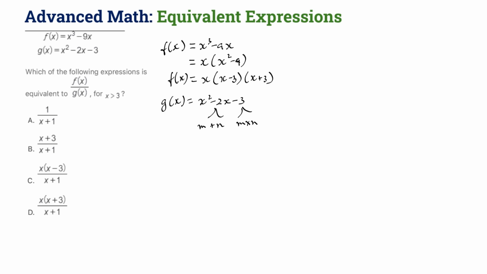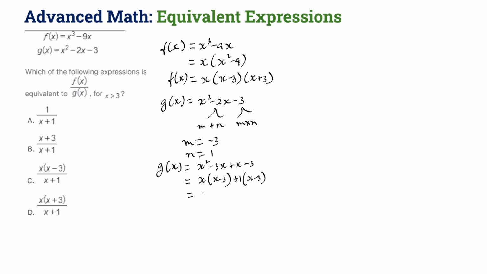So the two numbers that work here are m equal to -3 and n equal to 1. Okay, so we get g of x equal to x squared minus 3x plus x minus 3, and we get x times (x minus 3) plus 1 times (x minus 3), and so this becomes (x plus 1) times (x minus 3).